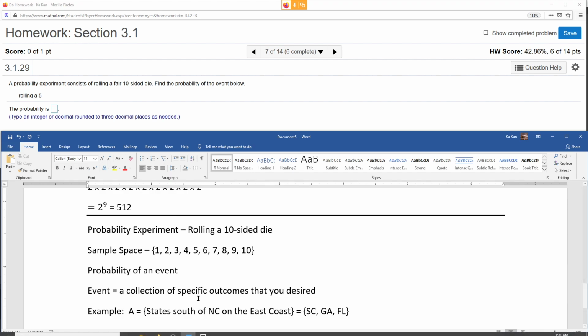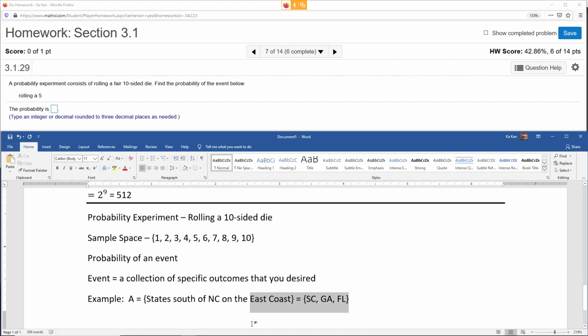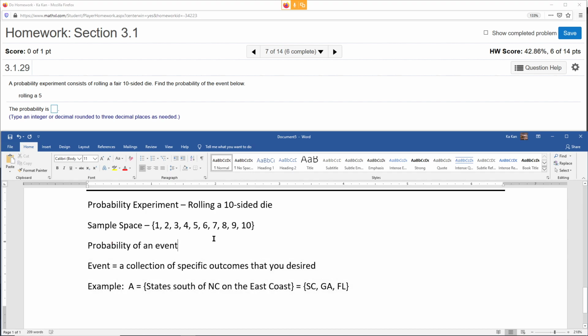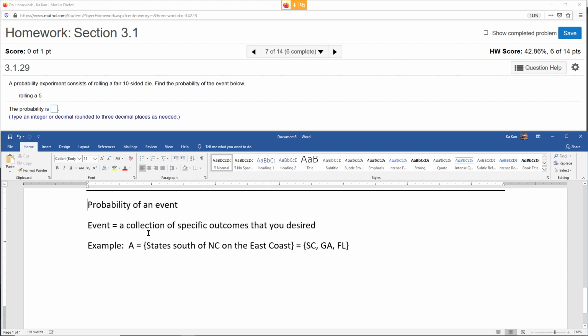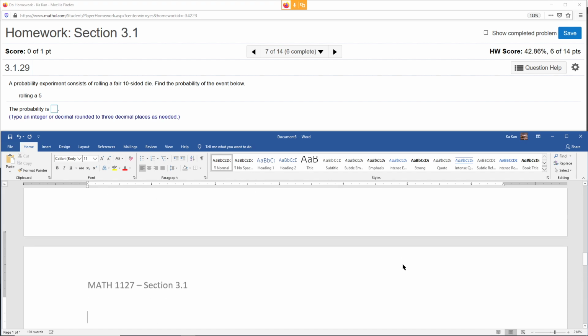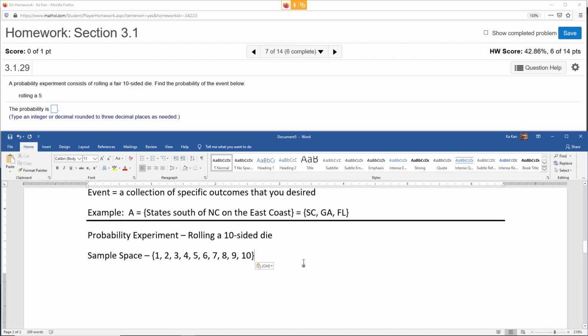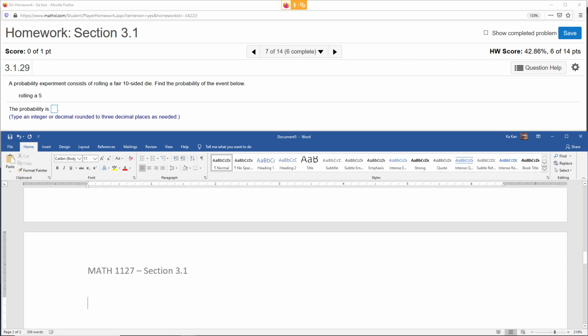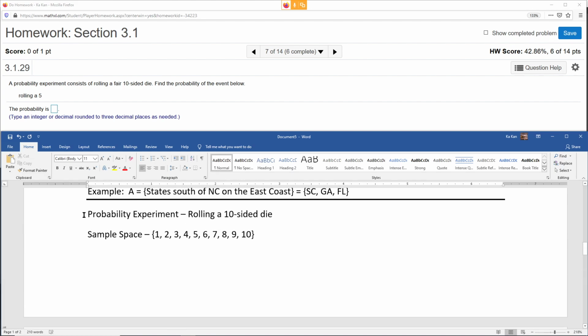So in our case, the probability of the event that we are talking about here would be, let me move it to the next page.